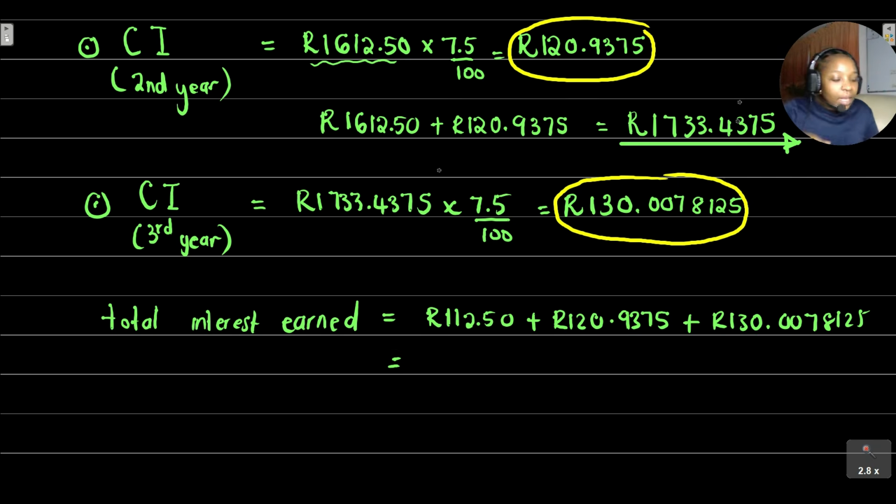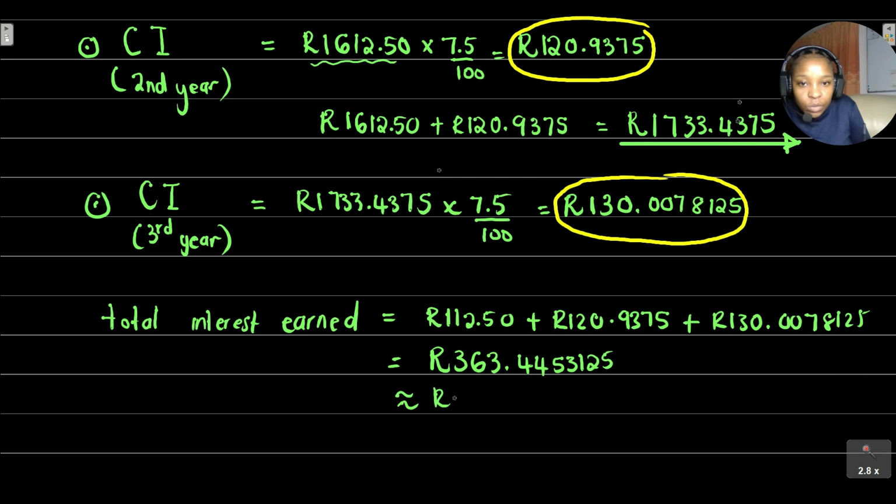Okay, and then you'll get that now, if you've invested that amount at a compound interest rate, you would have earned an interest of 363,4453125, which is approximately equal to 363,45. Okay, so that's basically the total interest that you'll earn.